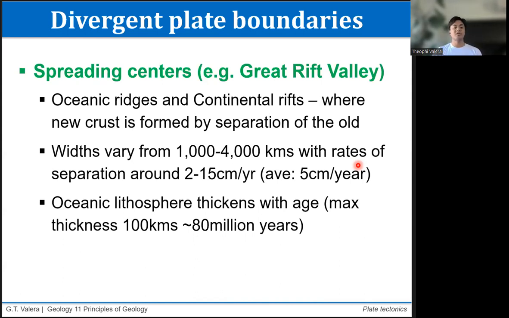The maximum thickness of oceanic lithosphere is only 100 kilometers. Manipis yan. For example, a continental crust lang, so crust lang, ang average thickness nila ay 70 kilometers. So that's crust plus mantle, sobrang kapal ng continental lithosphere compared to oceanic lithosphere. And it takes a long time for it to be this thick. So it takes 80 million years.